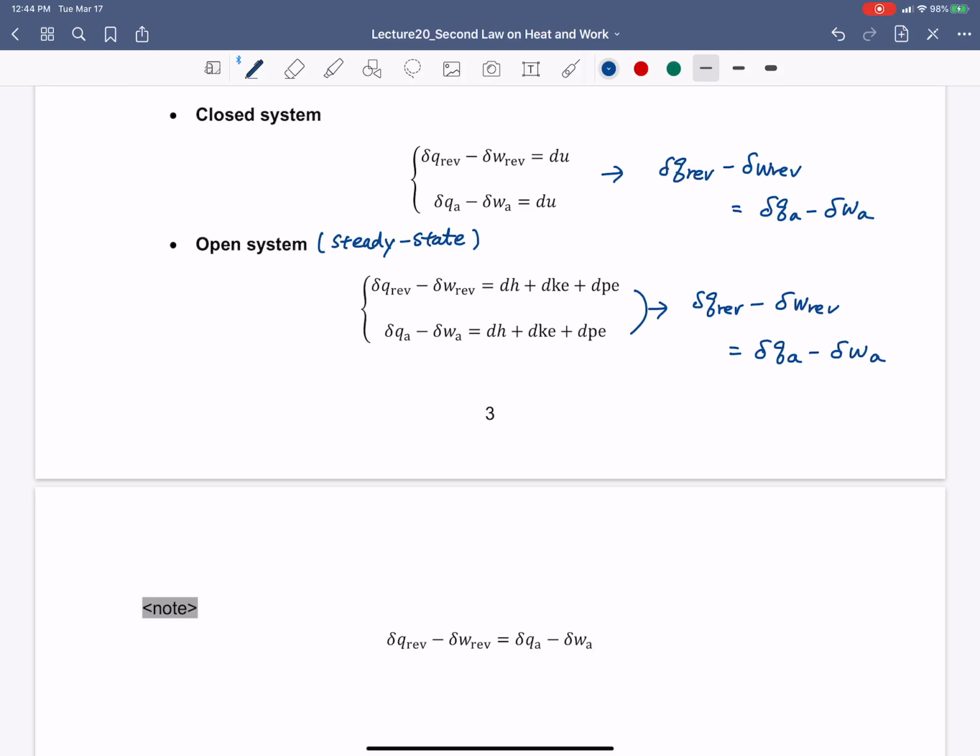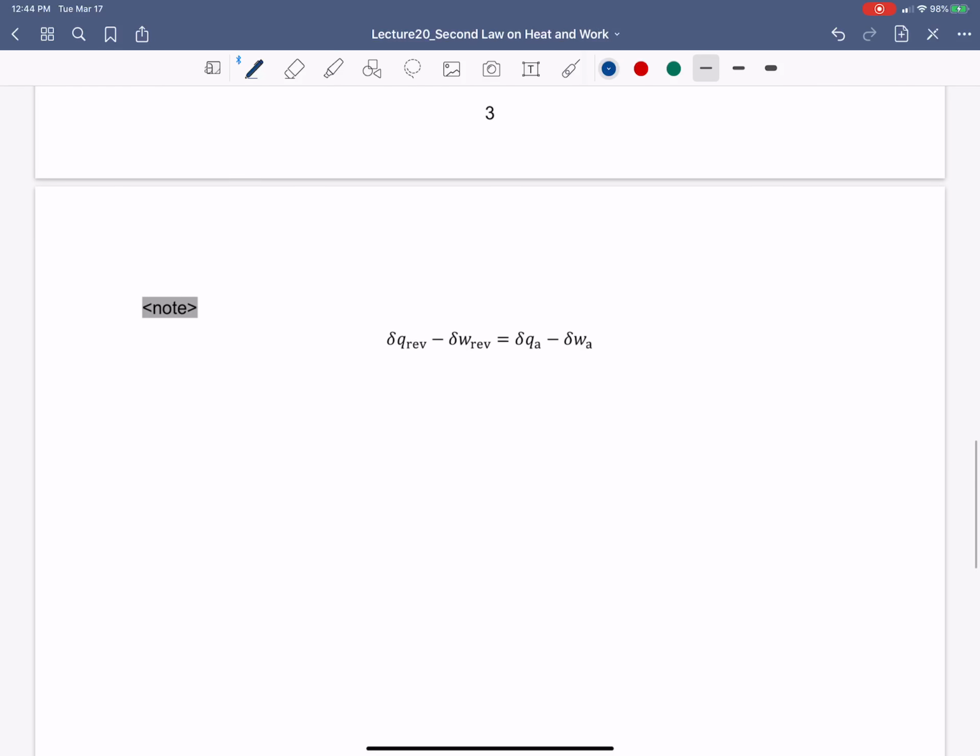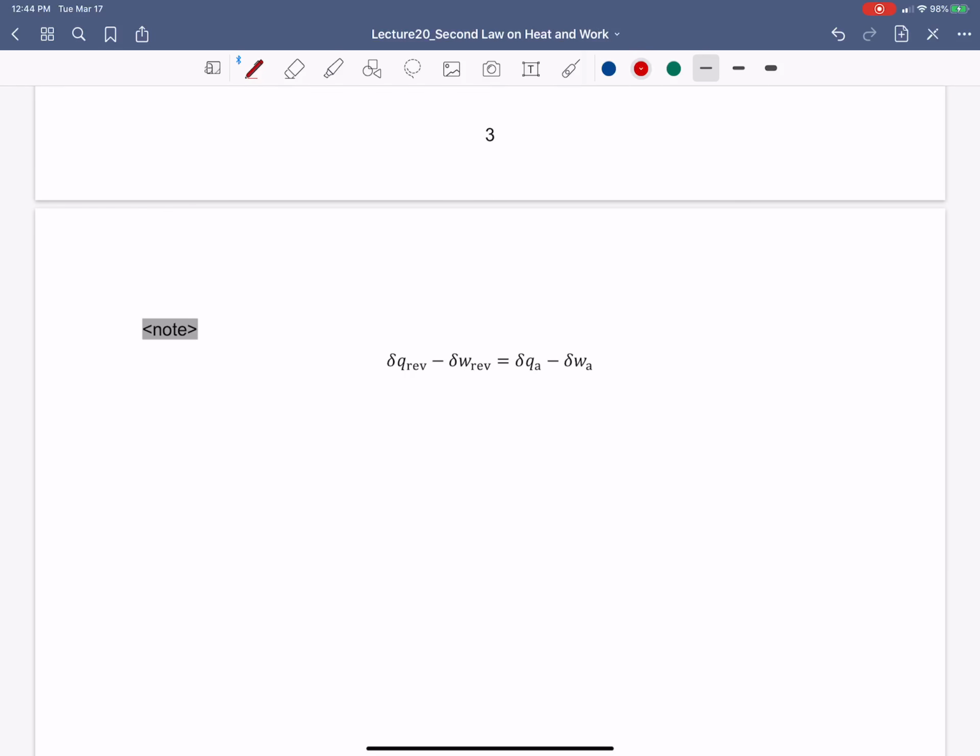So no matter what system you talk about, it still gives us the same relation. The difference of heat transfer and work transfer for whatever process you choose, either reversible process or actual process, should remain the same. And that is the equation that I can conclude. Okay. Then let's play a little bit more with this equation.